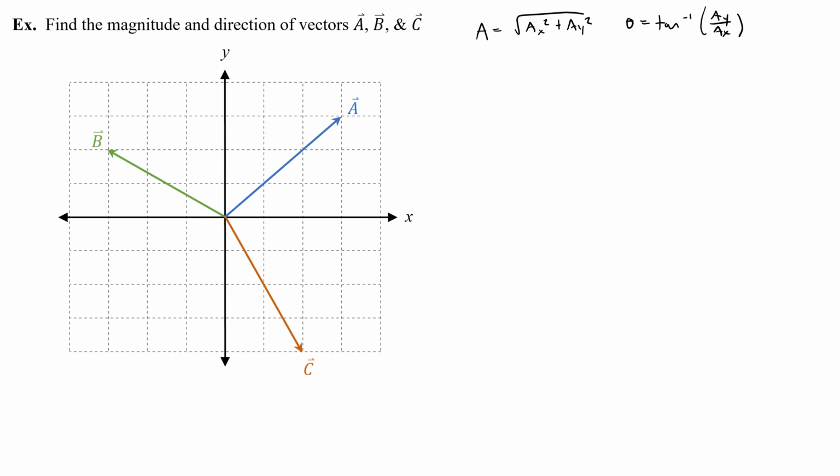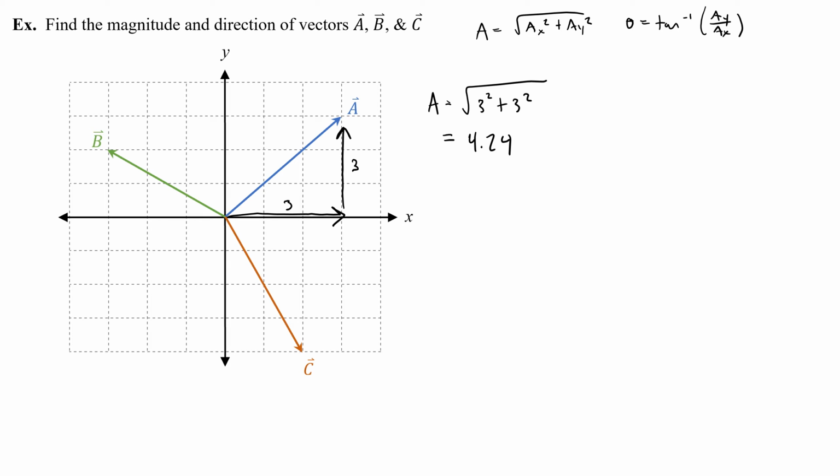Okay, so for a, I know that there is an x component of 3 and a y component of also 3. So if I want to find the magnitude of a, I would do the square root of 3 squared plus 3 squared, which gives me 4.24.